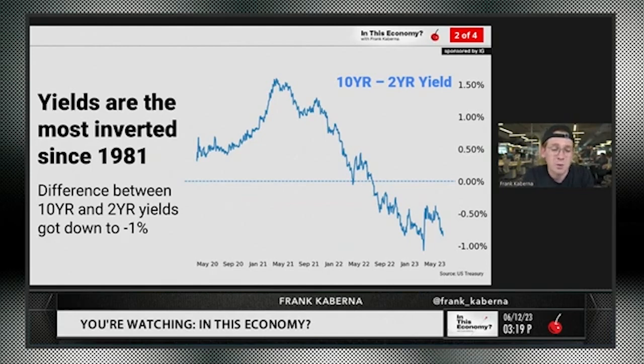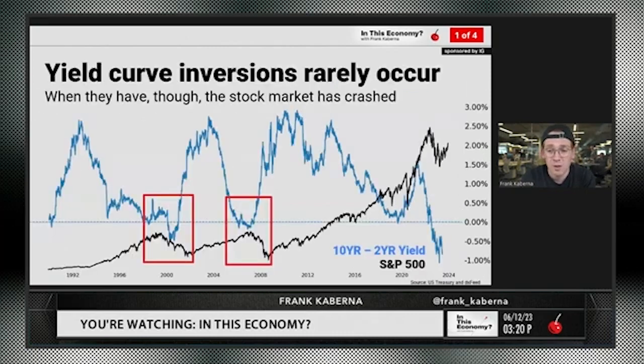As the difference between 10 years and 2 years has been lower than negative 1% or negative 100 basis points. And right now is pretty close at about negative 75 basis points. And those inversions historically, if we go back just a second, they bottom out at negative 50 basis points. So we've been pretty much double that inversion.